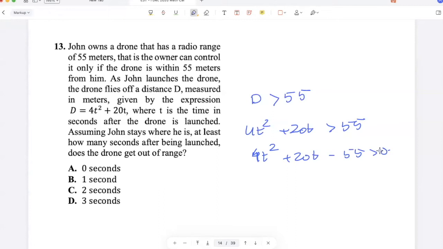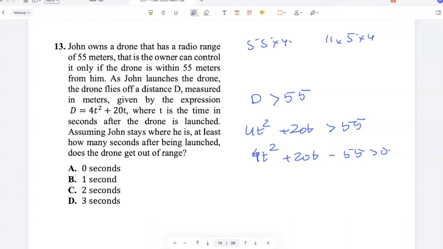So how do we solve this? Let's see. 55 into 4. So 11 into 5 into 4. So we need 20, right? Are we getting 20 anyway? I don't think so. So will we have to plug it into the calculator? Yeah, let's do that. 4t squared.